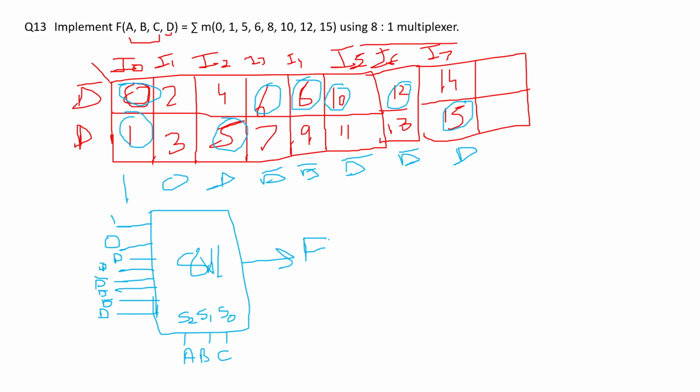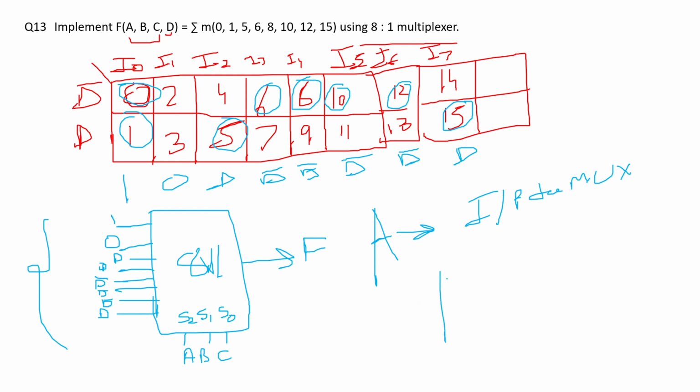There's also another way where you can have the MSB as your input and all other bits as your select lines. So I'll write this A as an input to the mux and all others as select lines.